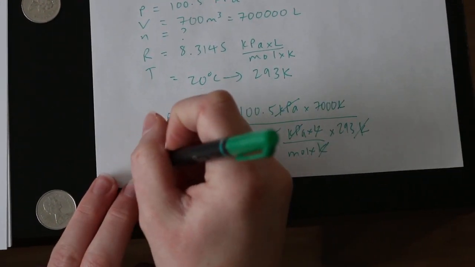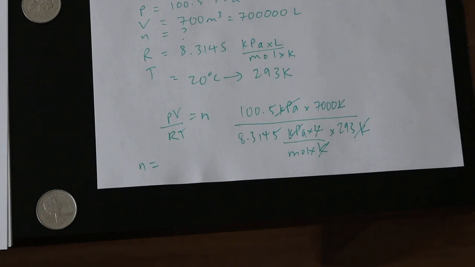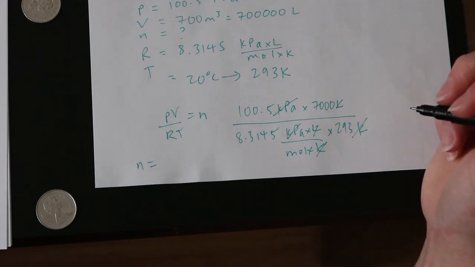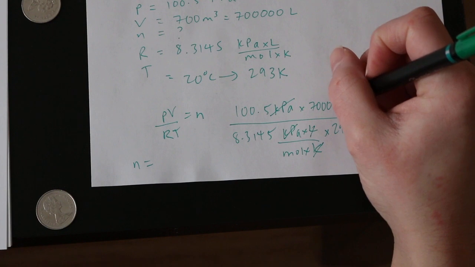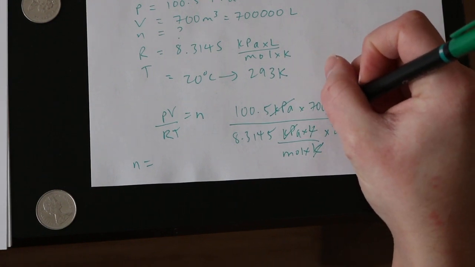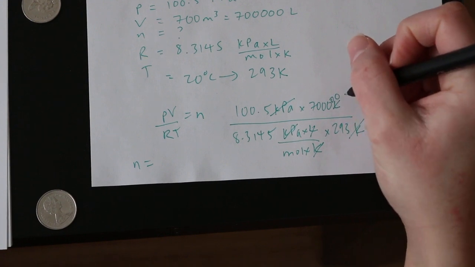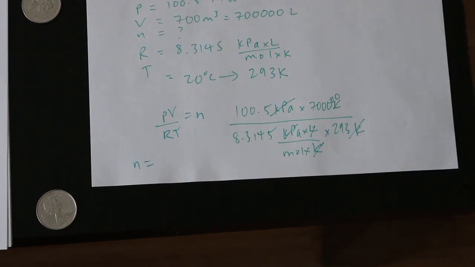So we would then type all this into our calculator to find n. That would be 100.5 multiplied by 700,000. Oh yeah, so this should be 700,000. So 700, 1, 2, 3.